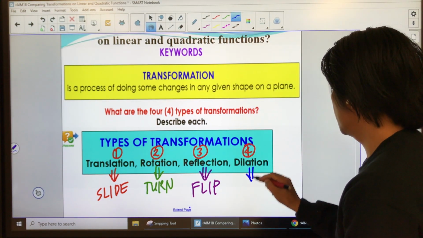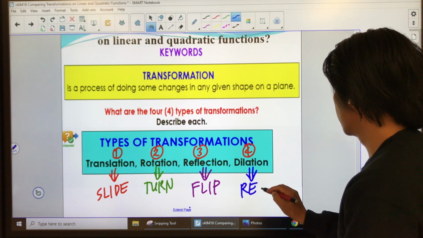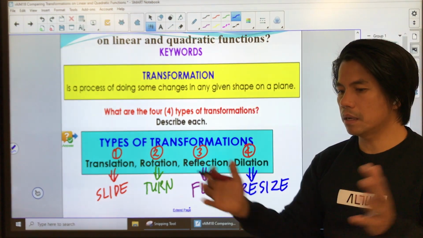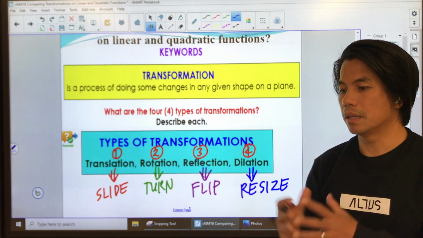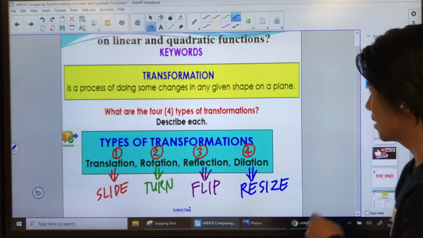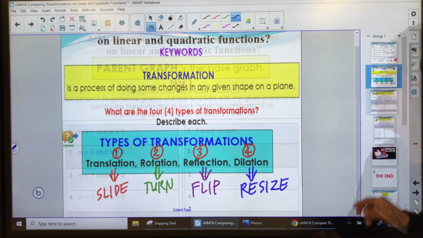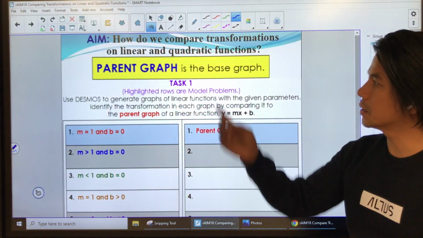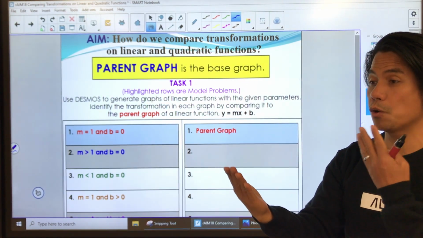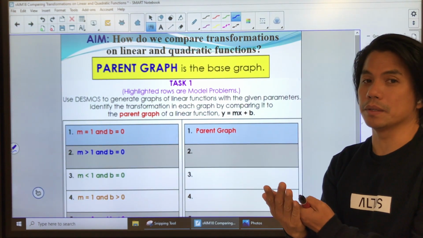And dilation means you resize. So it could be bigger or smaller, narrower or wider. So that's dilation. Okay? So the second keyword is parent graph, the base graph, meaning that is your basis, that's your point of comparison.